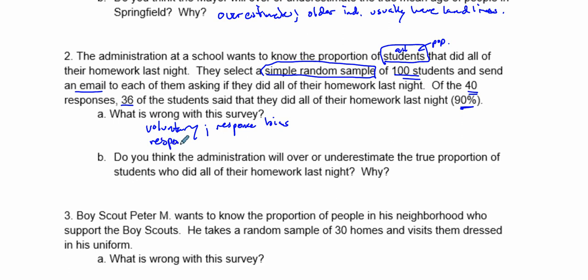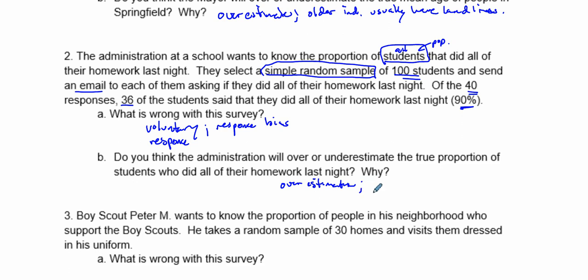And when we have this, do you think it will over or underestimate? Well, I'm guessing this would be an overestimation, because the people that actually check their email, those students, are probably doing their homework.